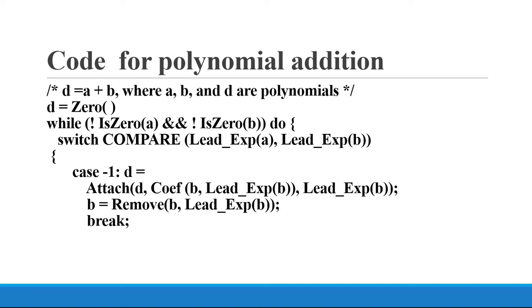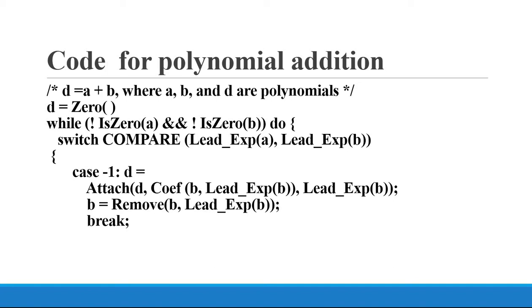Till we reach that term, e0 of a and e0 of b, till that point we are going to compare the exponents of a and b. If it is -1, then we identify that the exponent of that particular term of polynomial a is lesser than the term we are presently processing from polynomial b.